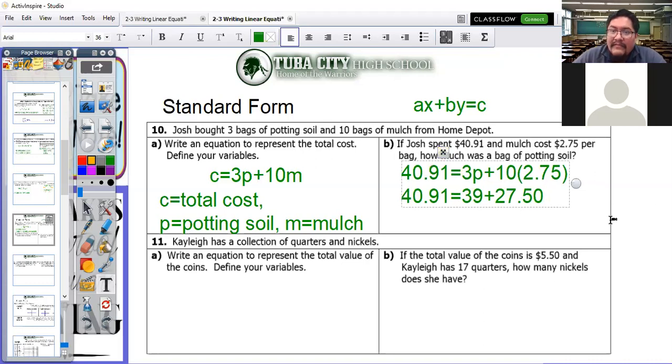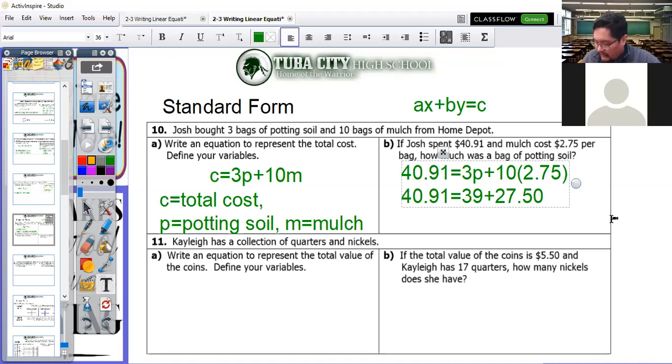So now I'm going to have to minus $27.50 from both sides, because we know he bought 10 bags of mulch at $2.75 a bag. So this means that he spent $27.50 in total on mulch, but we don't want to know how much mulch cost. So we're taking that off of his total.